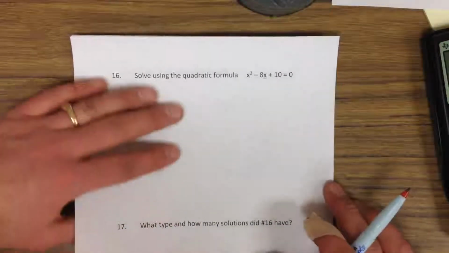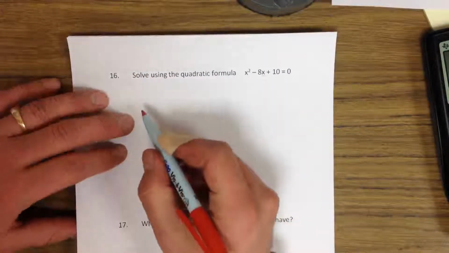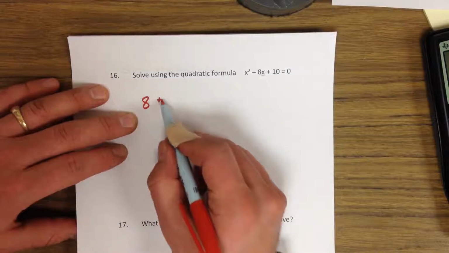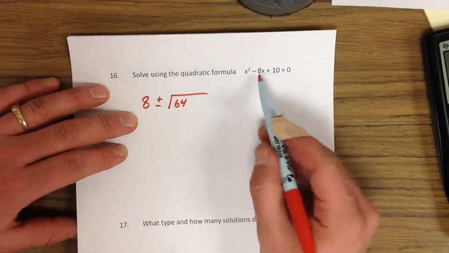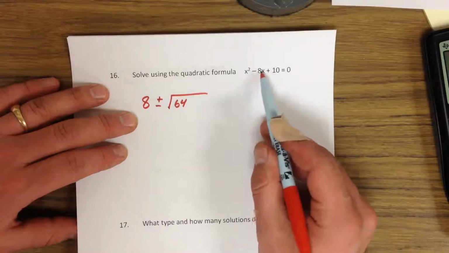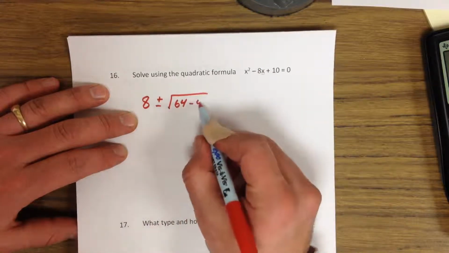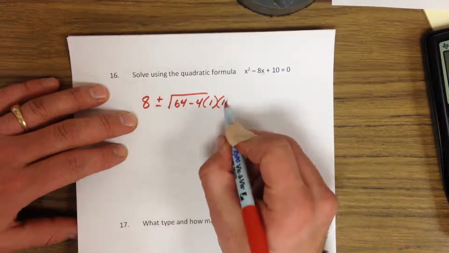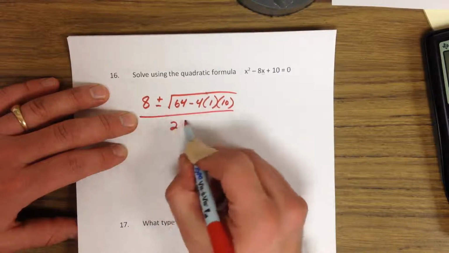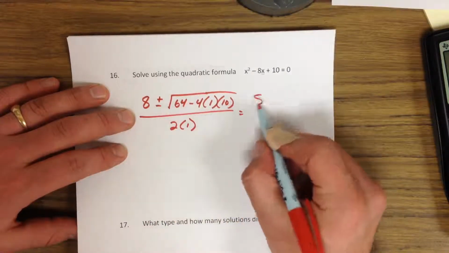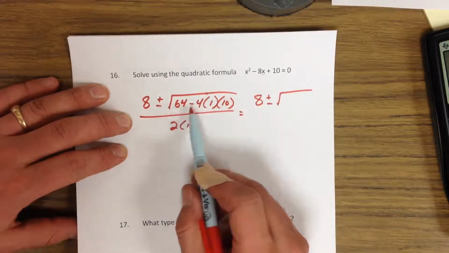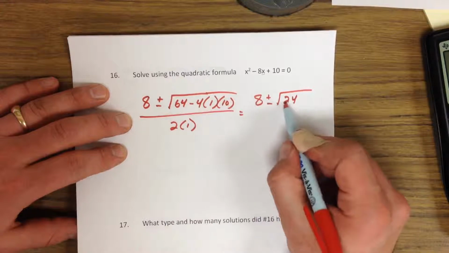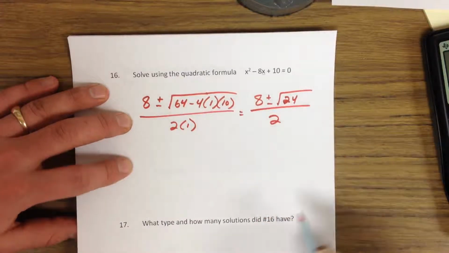All right, number 16 is another quadratic formula. Negative b would be positive 8 plus or minus b squared is positive 64. Anything squared, so negative 8 squared is 64 minus 4ac over 2a. So when you put this all together, you get 64 minus 40, which is 24 over 2.